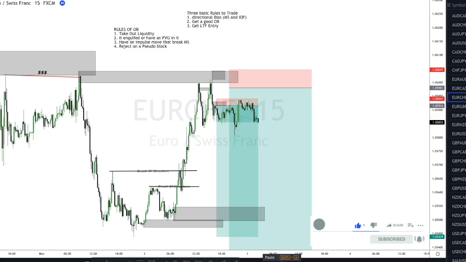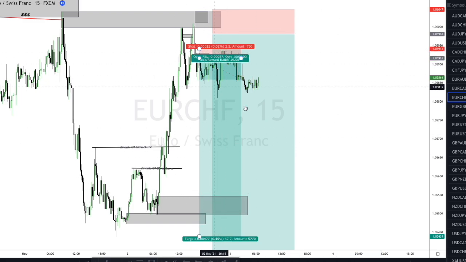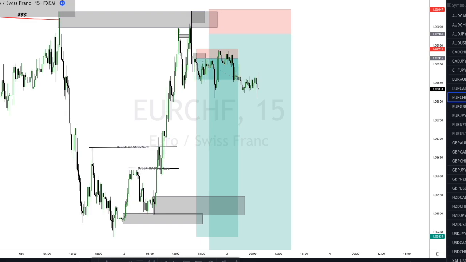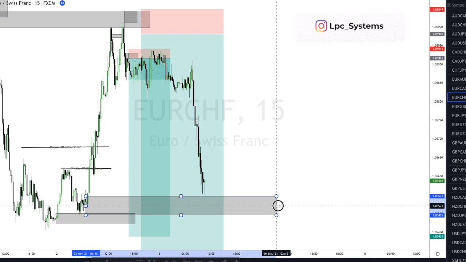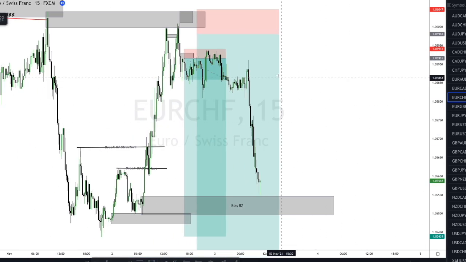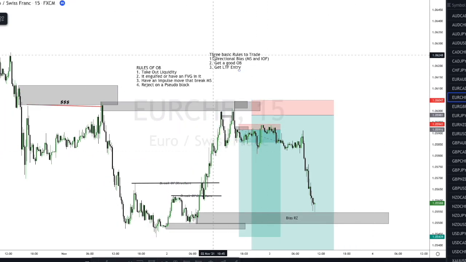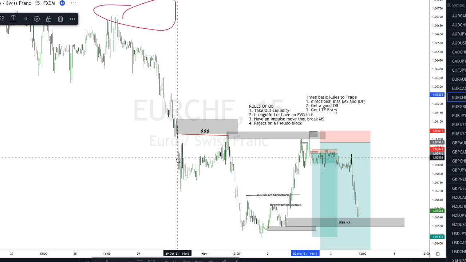So let's see. Now I noticed another thing here, which is another market structure for me. I'm going to show you that. As price was coming to this buyer's rejection zone to take a buy, I noticed another kind of setup that was forming. Now, don't forget the ultimate structure here was bearish.